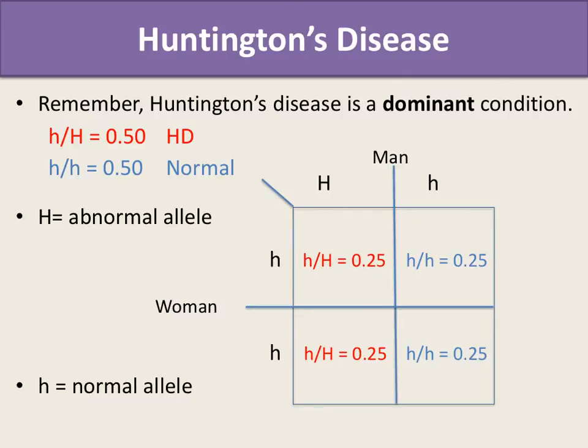Now, of course, let's go off on the top again. The woman is small h. The man is also small h on the far right. So hh, that's 25%. And the same thing on the bottom, h for the woman and h for the man, hh. And so in the end, you end up with a dominant condition, right?